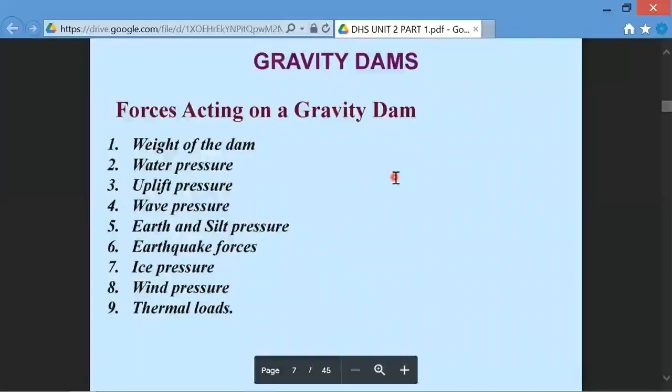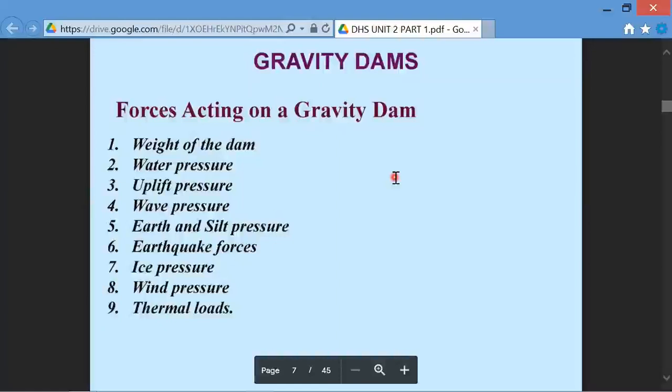Now, what are the various forces acting on gravity dams? We have seen the various classifications of dams. In that classification, we have seen gravity dams, then embankment dams, then earthen dams, then arch dams. These are the various types of dams that we have seen. In that, the basic important type is the gravity dam.